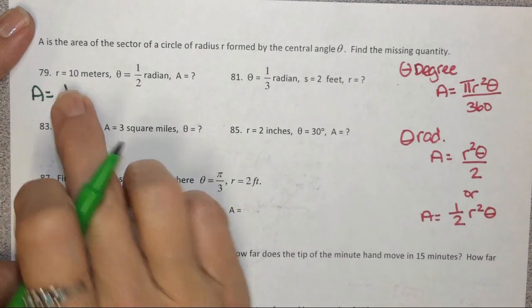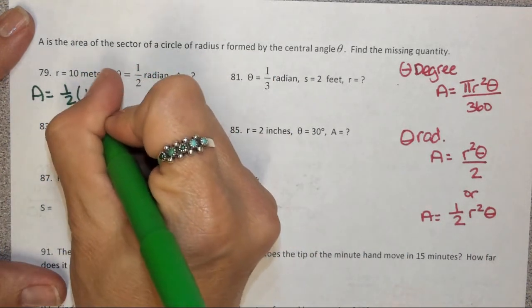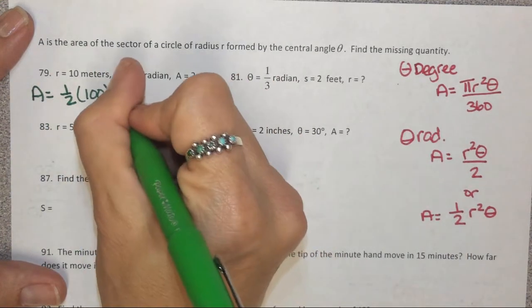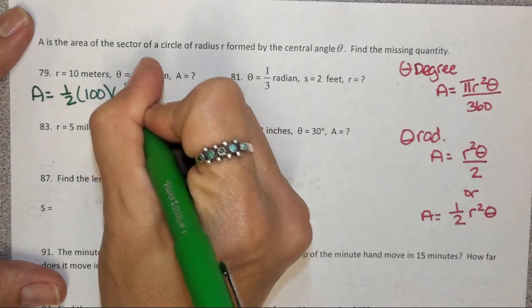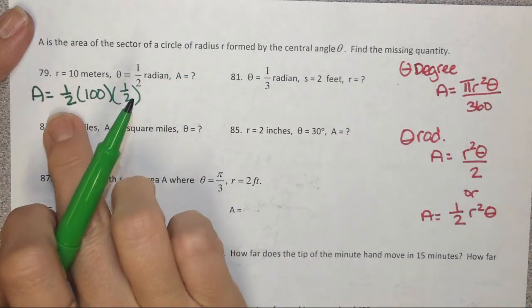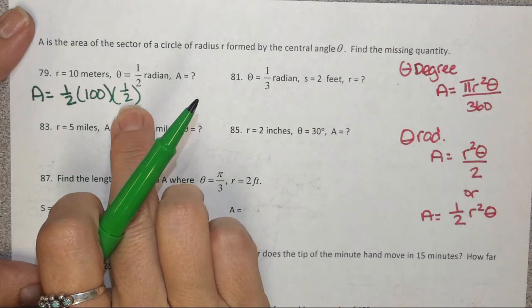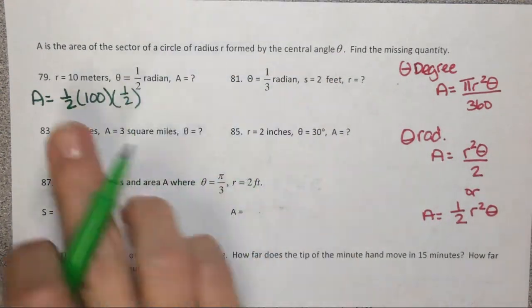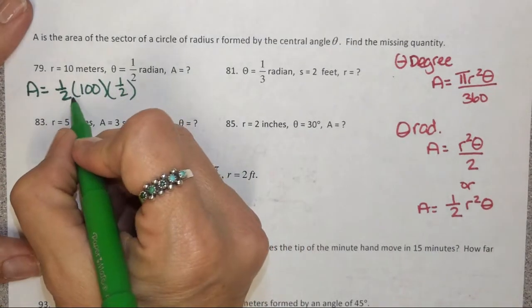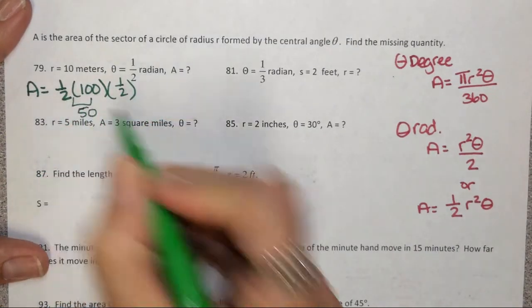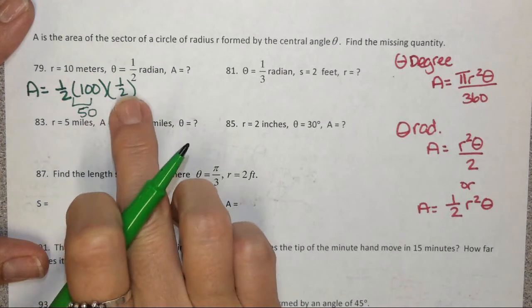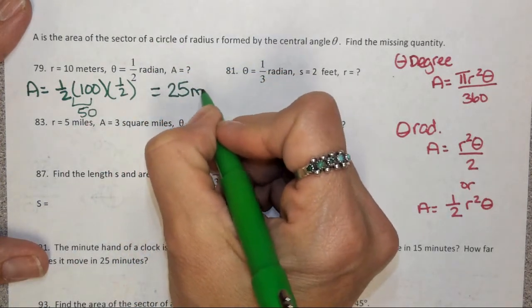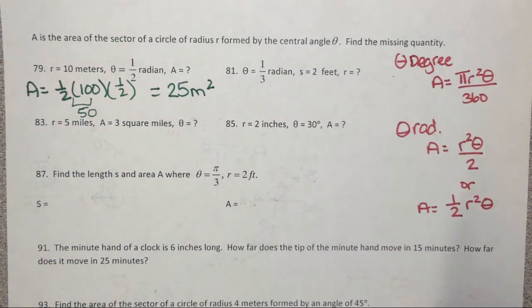Well, my r is 10, and 10 squared is 100, times theta, and my theta is 1/2. So I have a fraction times a whole number times a fraction. So what is 1/2 of 100? Well, 1/2 of 100 is 50. And now I'm going to do 1/2 of 50. So the whole thing is 25 meters squared.